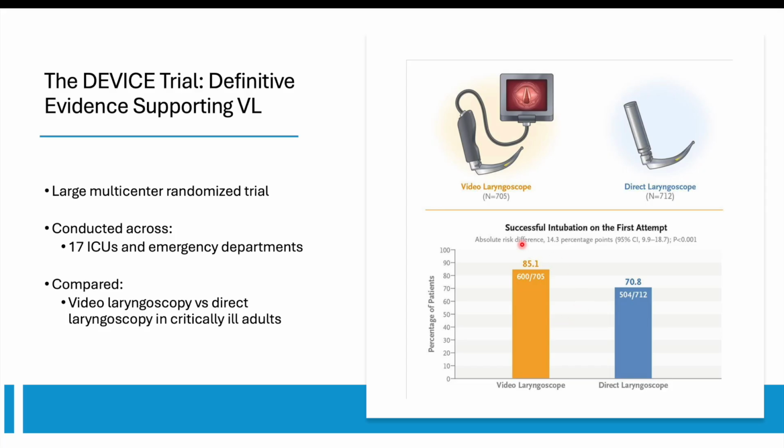But the authors found that successful first attempt intubation was seen in 85% of the cases with video laryngoscope as compared to 70% with direct laryngoscope, and this was statistically significant. So, in this trial, the video laryngoscope outperformed direct laryngoscope.